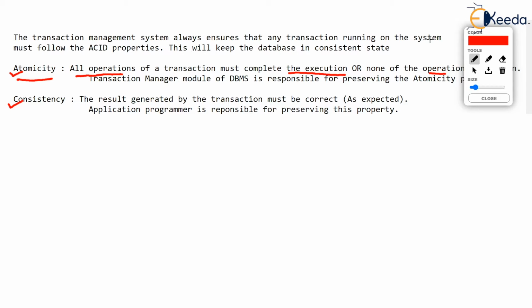Now, in such a case, what should be done? Should we leave the database in this state, where A has been reduced by 10,000, but B has not increased by 10,000? This will give a wrong result, isn't it? Why has this happened? Due to the partial execution of the transaction.